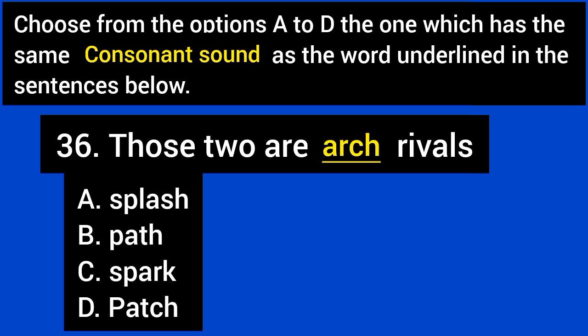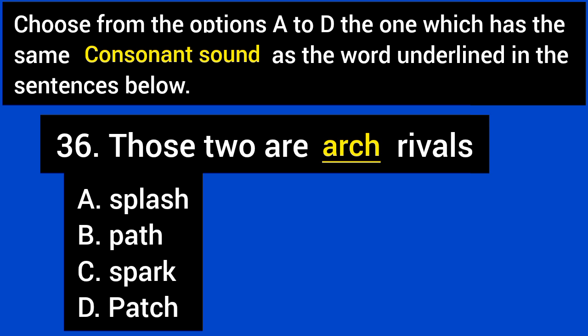All right, so let us look at the answers. We have arch rival, arch. So we are looking for the sound arch. We all know that the R is a vowel sound. So if we are looking for the same consonant sound, then we have to concentrate on the sh sound.